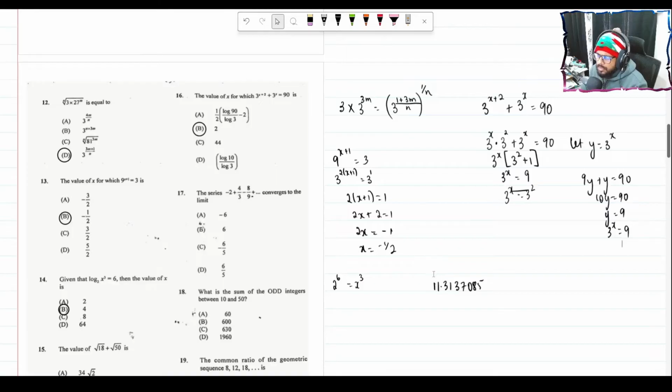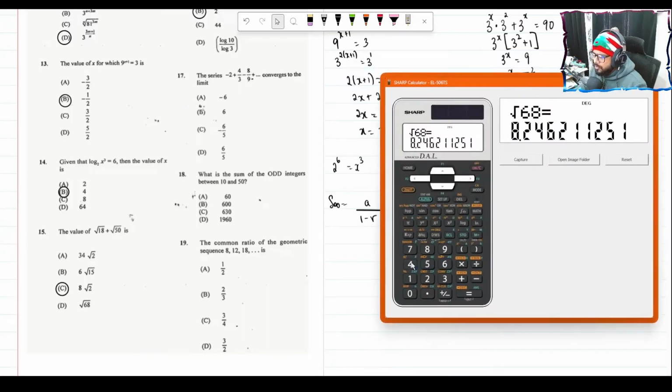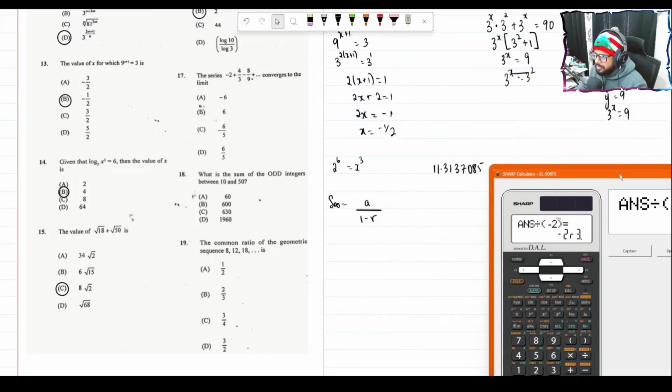Alright, so this series converges, so we have to check and see what the sum to infinity is for convergence, right? So S of infinity is equal to a over 1 minus r, provided that the modulus of r is less than 1. So let me check and see what r is. This divided by this. 4 over 3 divided by minus 2. I get negative 2/3.